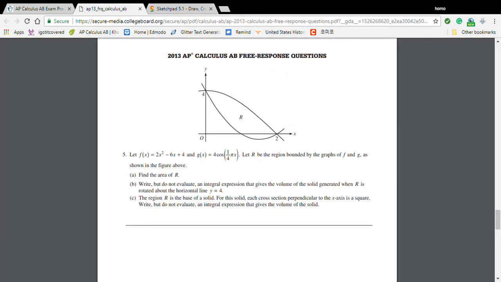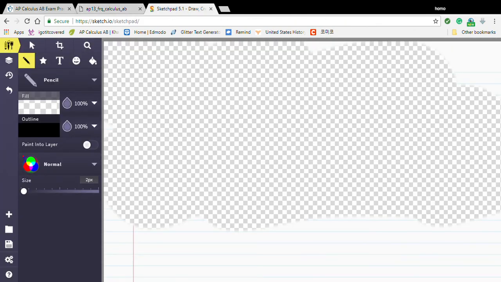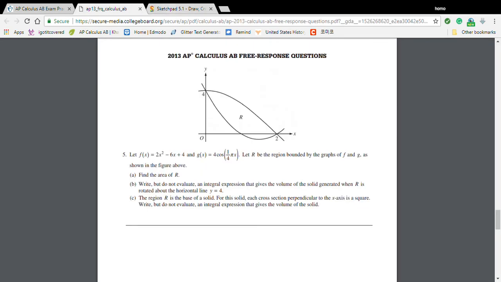Part B says write but do not evaluate an integral expression that gives the volume of the solid generated when R is rotated about the horizontal line y equals 4. So we have to find the volume of the solid when it's rotated about the horizontal line y equals 4.